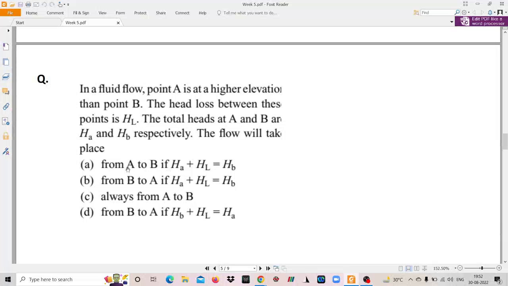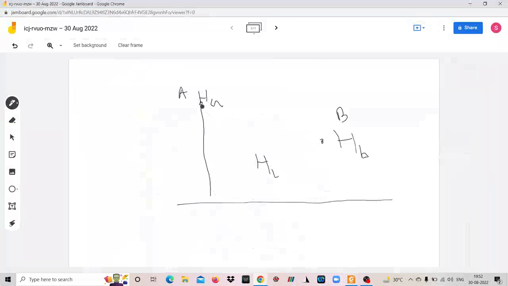Now, suppose flow has to take place from A to B, then what is the meaning? HA is higher than HB, and from conservation of energy, HA will be equal to HB plus HL.